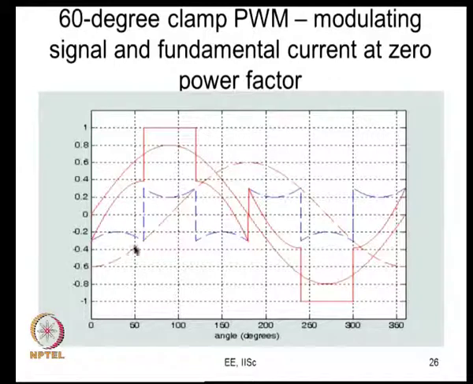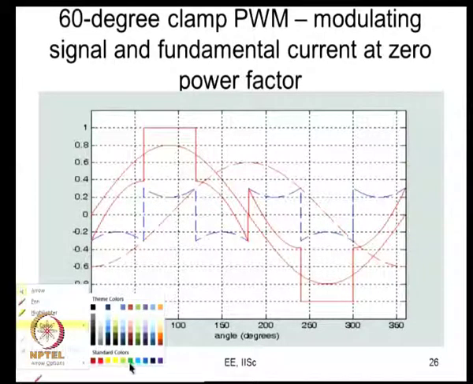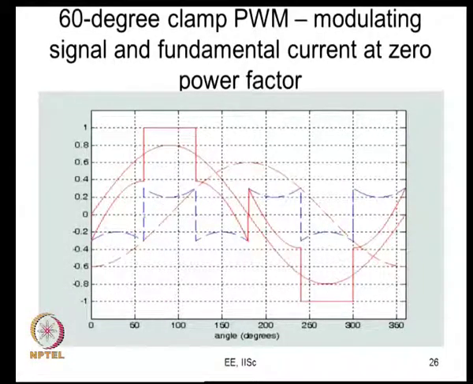Now, let us say the current is like this. Let us also plot how that is going to look. So, now the energy loss here will be 0, the energy lost here will be 0. How would the energy lost here be? That energy loss will be something like this. It will go like that. This is for R phase.